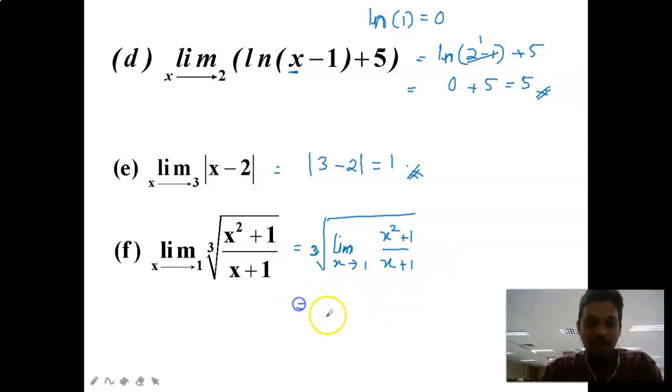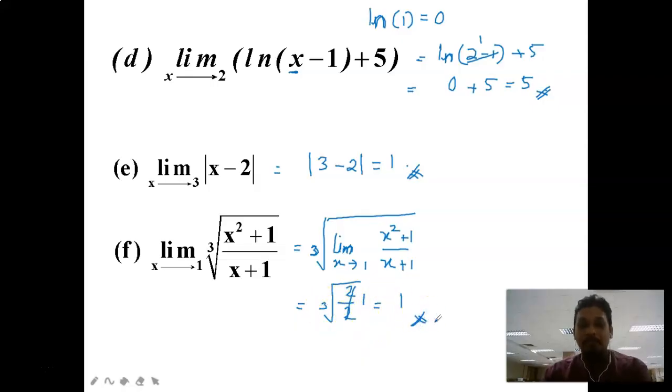Substitute x equal to 1: 1 squared is 1 plus 1 equals 2, and also substitute x with 1, 1 plus 1 equals 2. Then 2 divided by 2 equals 1, and the cube root of 1 is still equal to 1.